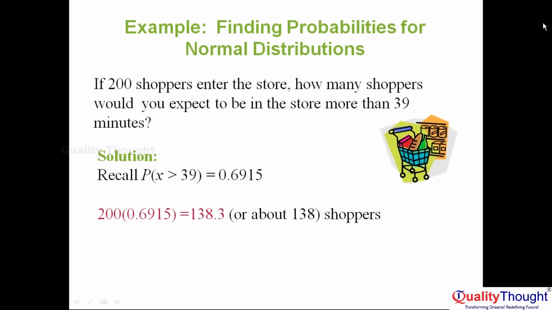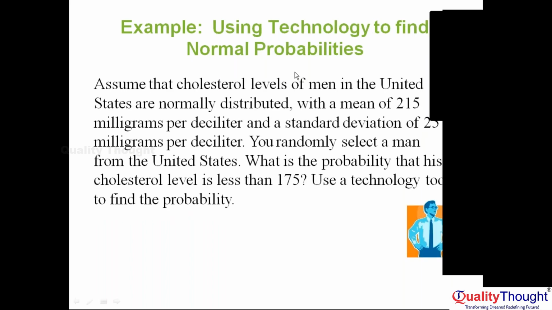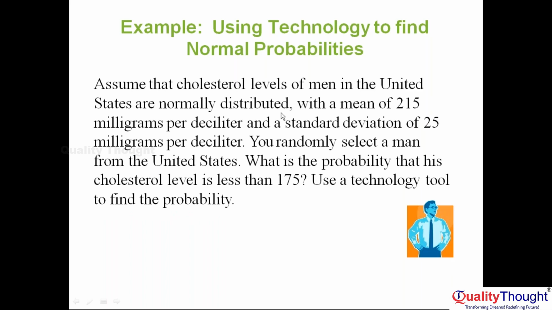So let me check another example. Assume that cholesterol levels of men in the United States are normally distributed with a mean of 215 milligrams per deciliter and a standard deviation of 25 milligrams per deciliter. You randomly select a man from the United States.